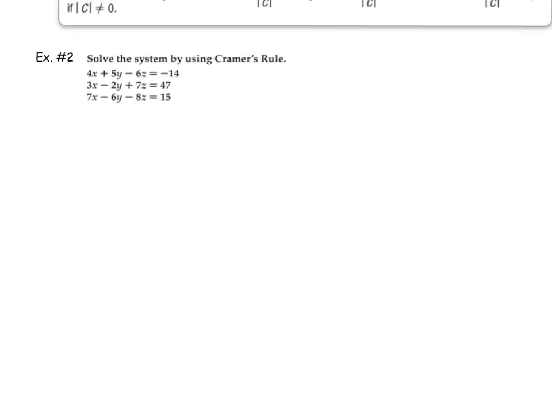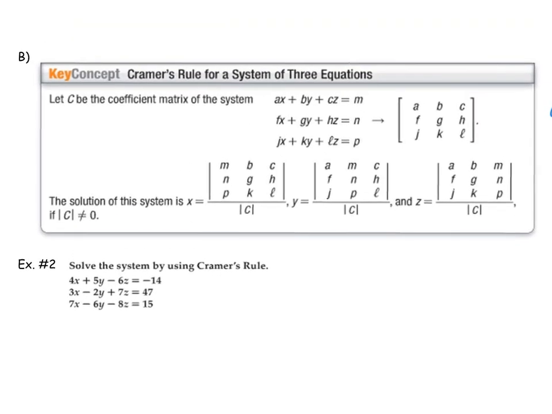Now, in order to do this, you have to find what we call the determinant of the coefficient matrix. Okay, the coefficient matrix is this right here, and it comes from the coefficients, which are the numbers in front of variables x, y, and z. This is the x column going down, the y column goes down in the second, and the z column goes down on the third.